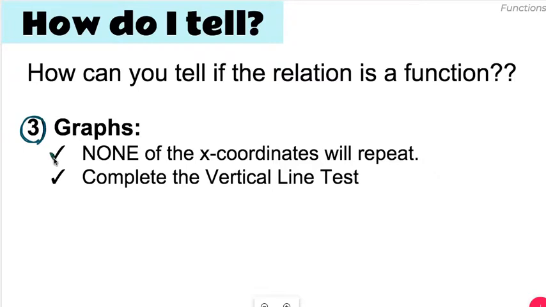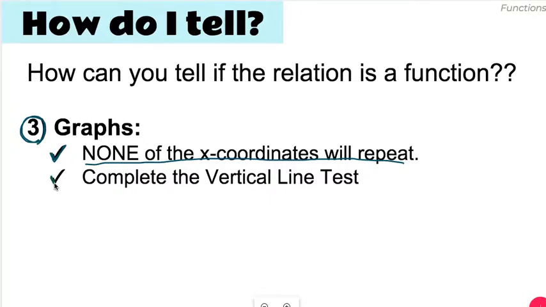Okay, you might be able to tell by just looking. If you have points, you might be able to just visually look and see none of the x coordinates will repeat. This is a little tricky because depending on what it looks like, you may have a bunch of x coordinates to check. So sometimes it's harder than others.